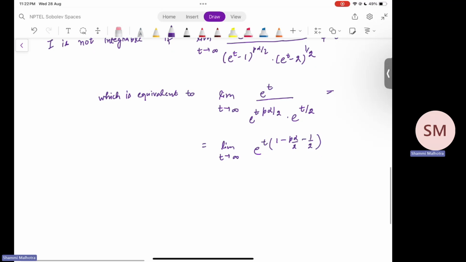and this is non-zero if and only if the power 1 minus p alpha by 2 minus half is non-negative, so it's greater than or equal to 0.